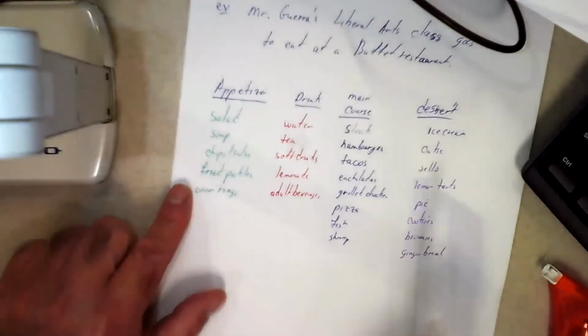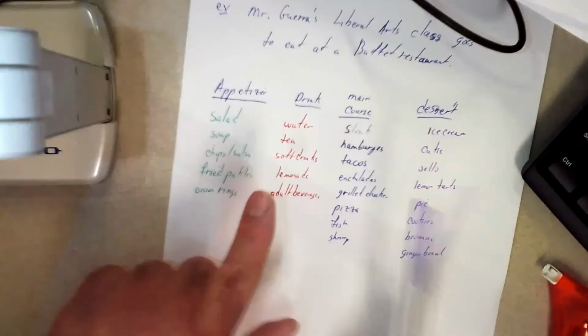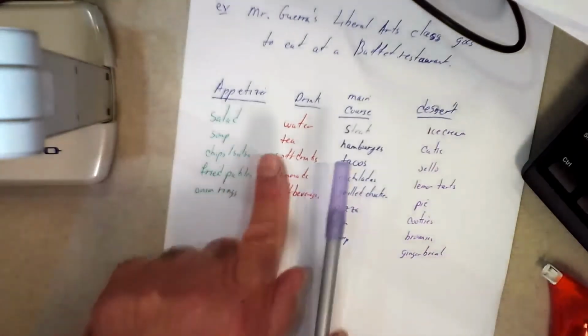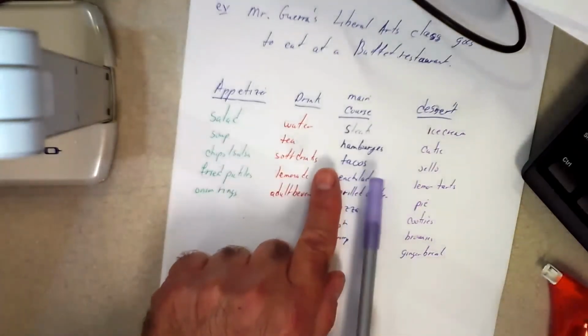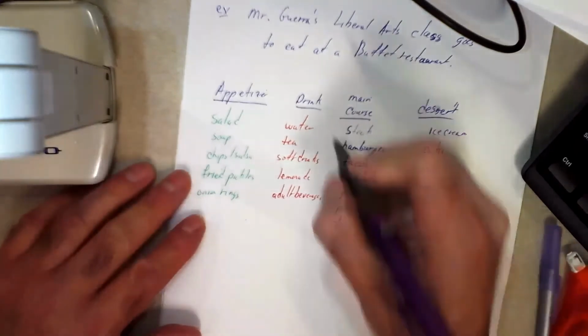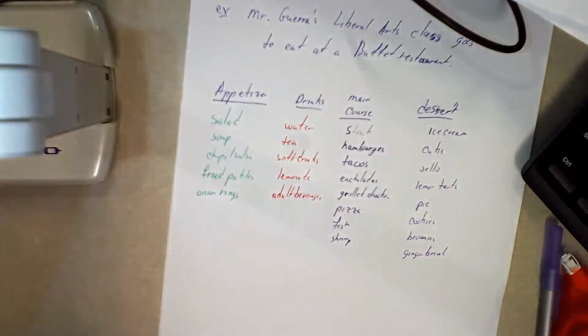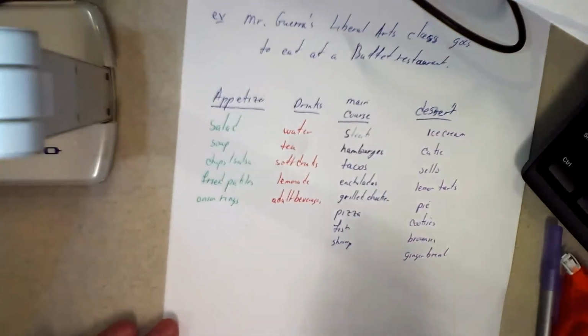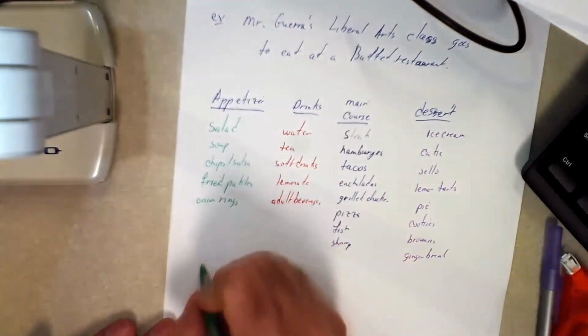So you have different categories, right? They are independent. You have appetizers by themselves, drinks, main course, desserts. So how many choices do I have for my appetizers? I have 5 choices.